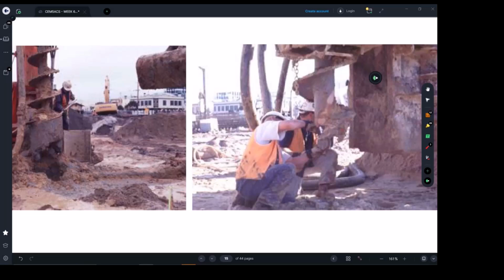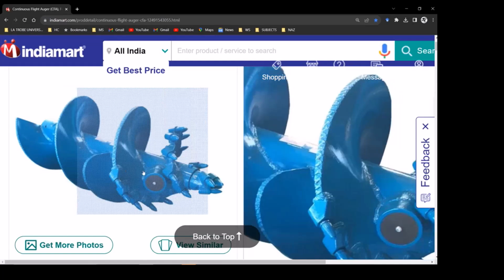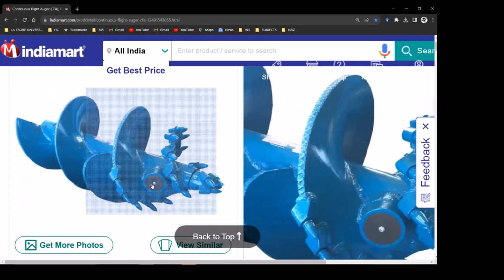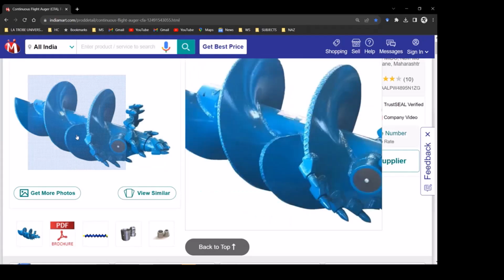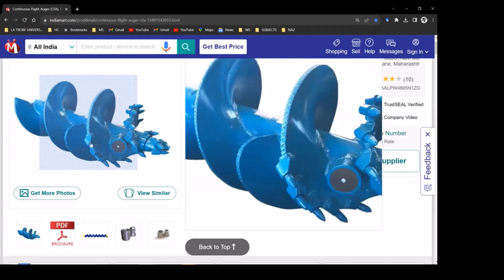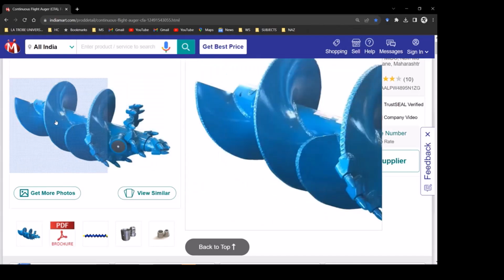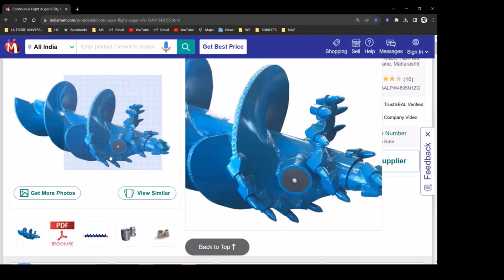This is just some pictures I've found from the net. You see this one here. This is just the tip of the auger, continuous flight auger, and this one is how the hole can be. So that's the hole. Usually it can be on the side, and that picture that I was showing you, just showing you how these need to be cleaned to make sure when the design depth is reached, they start pouring the concrete from here.